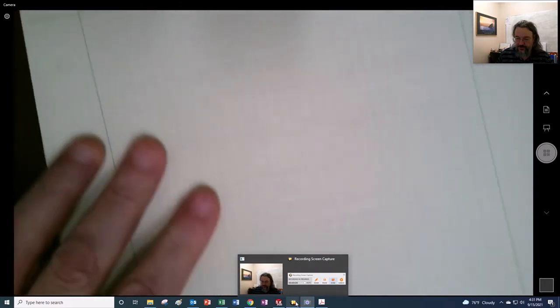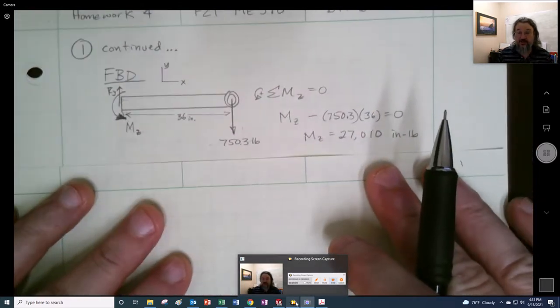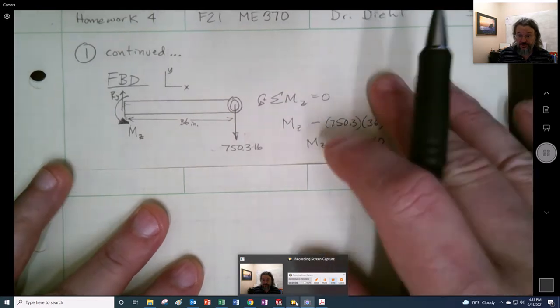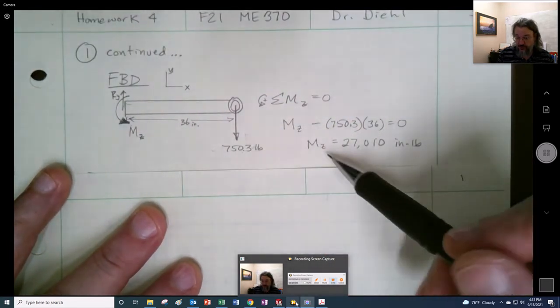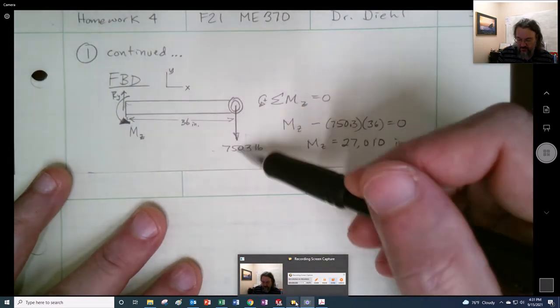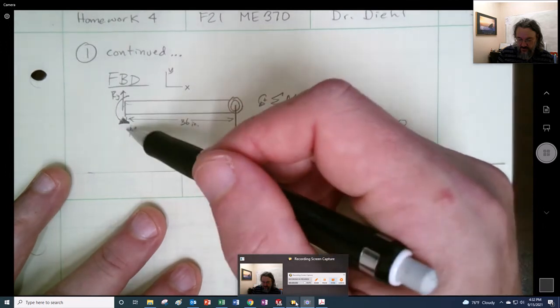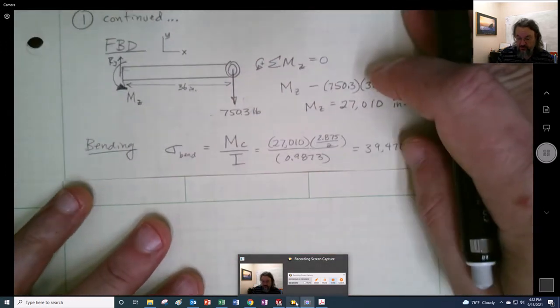All right, the next thing I want to do is find out the bending. So here we go. With the new force we just calculated because we knew the torque, we're able to get the moment. And that's the moment: if this thing is going down, it's coming this way, and it's going to cause tension at the top where we want it to be.